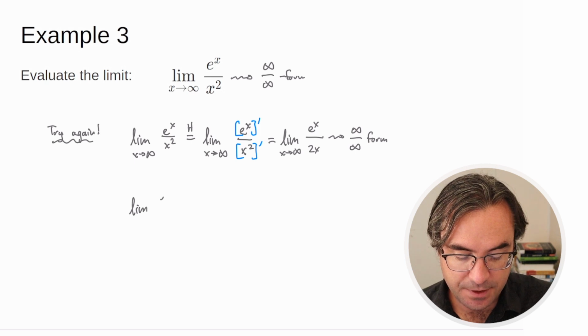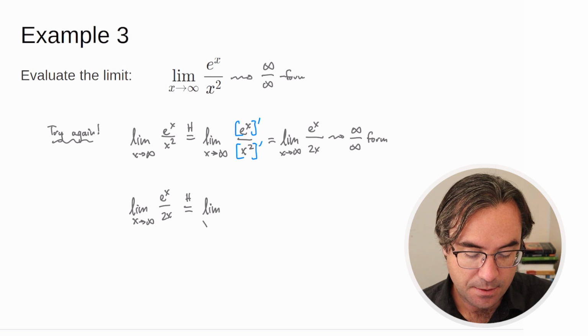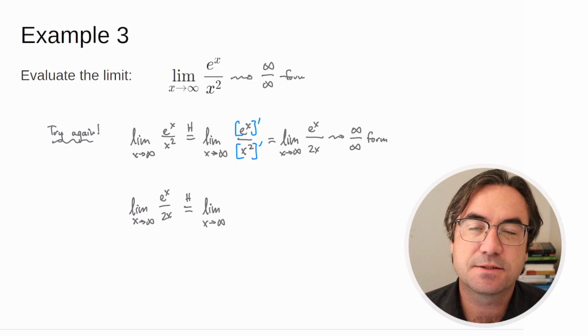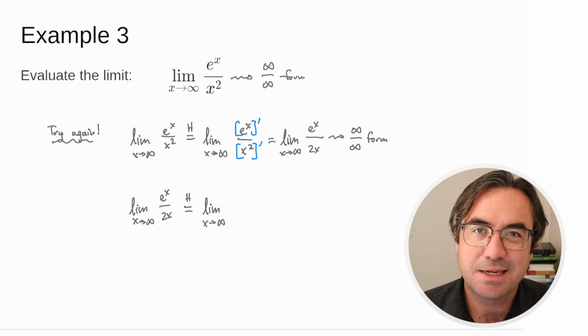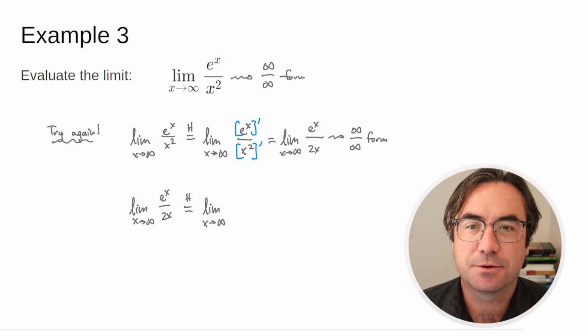So we have e to the x over 2x, limit as x goes to infinity, and we're applying the rule again. But the thing with derivatives is for powers of x, they usually simplify our powers of x. So a lot of times if you do the derivative enough, it'll simplify the powers down.